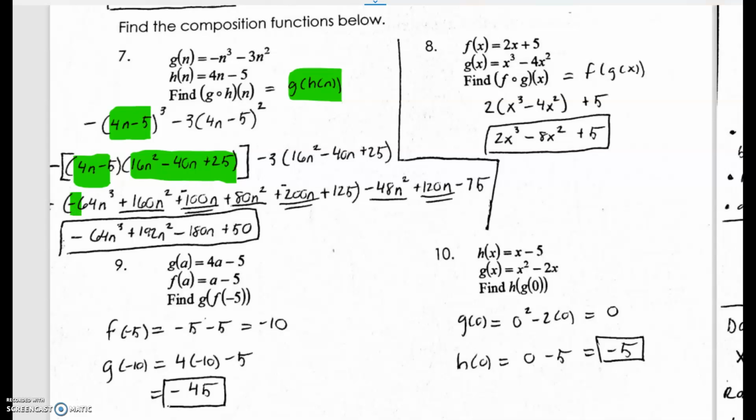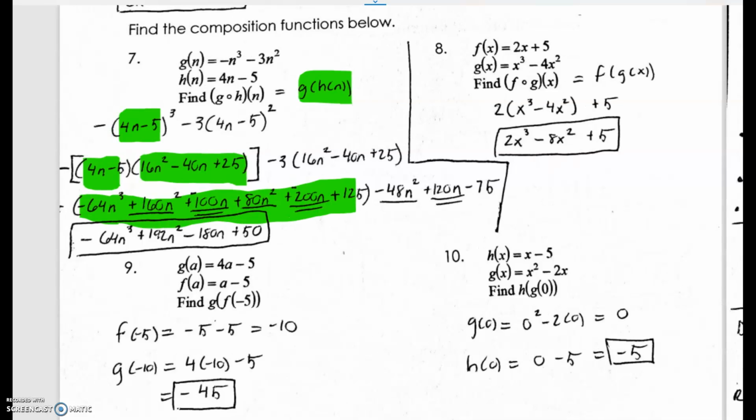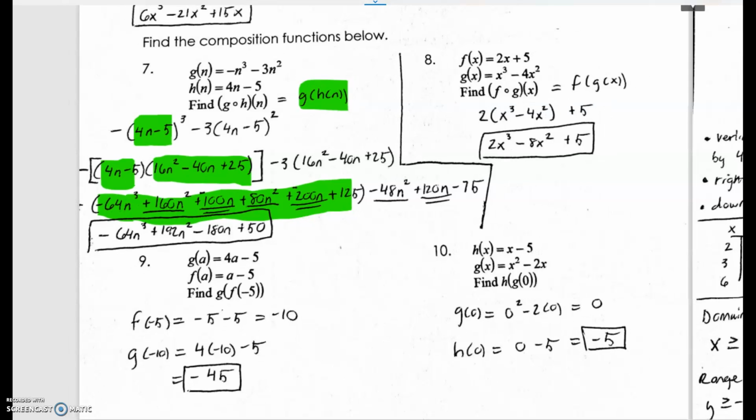And I end up getting this guy right here. Okay, so I got all of that, and then I had a negative out in front. So what I did is I distributed the negative to everything. I switched the signs inside of that highlighted in green.